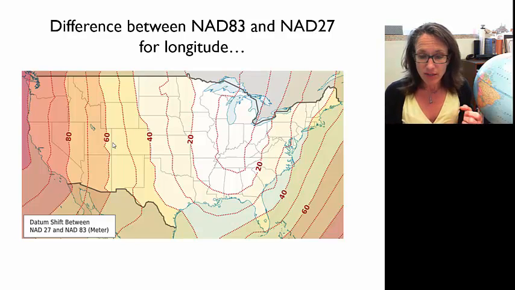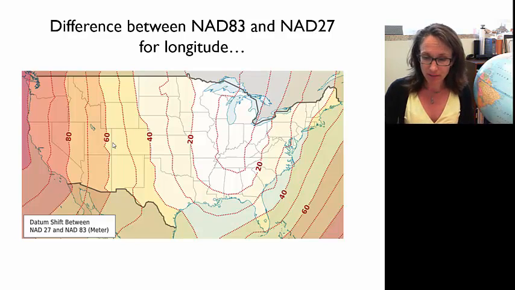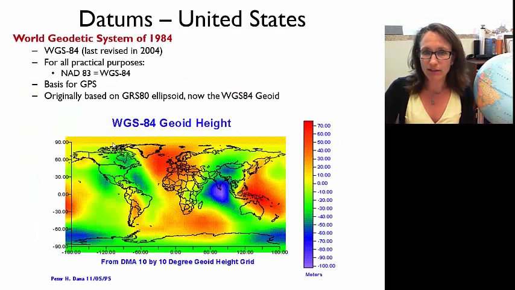So if you took a point with your GPS that's in NAD 83 and you plot it on an old USGS topo map, which is in NAD 27, your point will plot 58 meters wrong in the east-west direction. So it is really important to pay attention to this, because you want to make sure we're creating high-quality maps that are accurate, or as accurate as we can be given the tools we have.